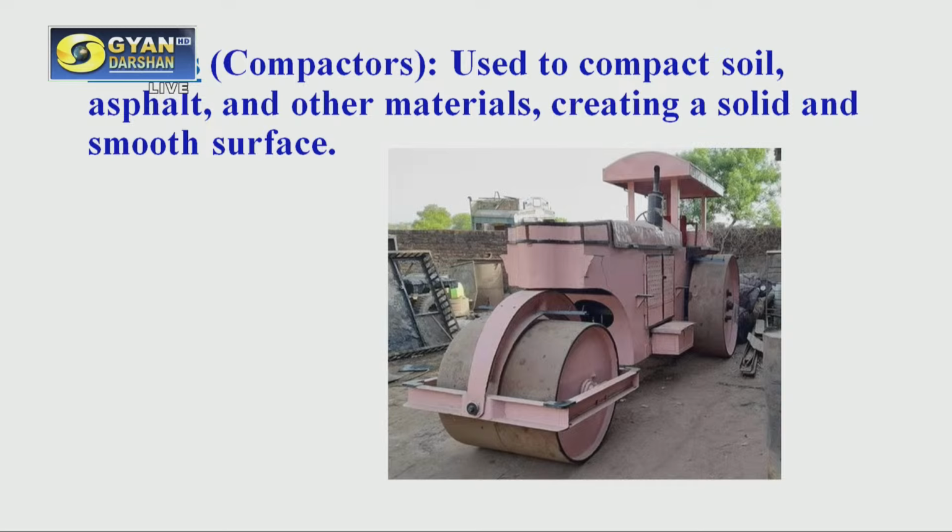These rollers are used to compact the soil or asphalt or other materials to create a smooth surface for construction purposes. Generally, they are used in the construction of roads, but they are also used for compaction of soil at project sites and building construction sites, for a large land.